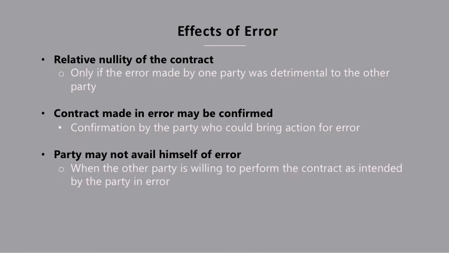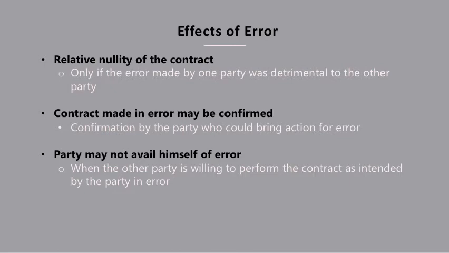A party may not avail himself of the error. So when the other party is willing to perform the contract as intended by the party in error, the other party can't benefit from that error. So if someone made an error as to, let's say, the sale price, and he set it for a lower price. So say you were paying $50 and he made a mistake and said $20.